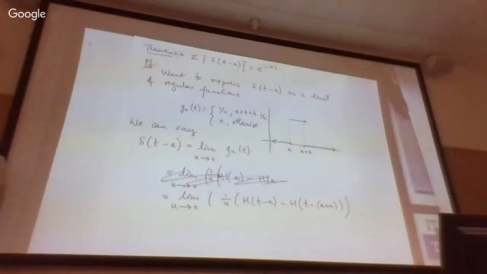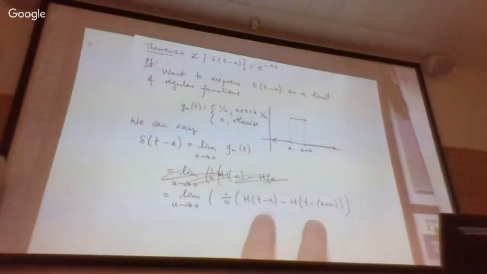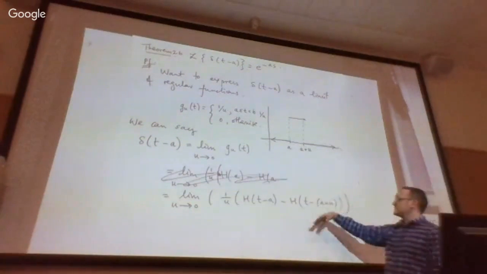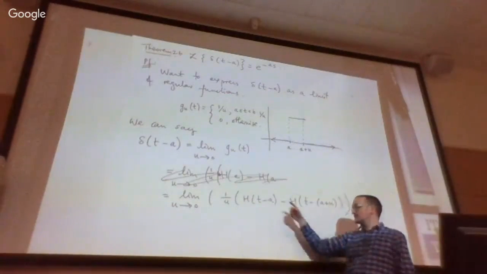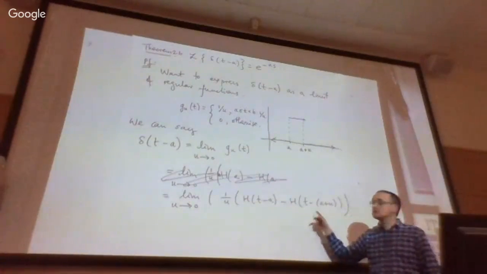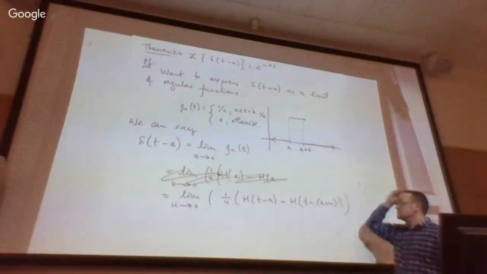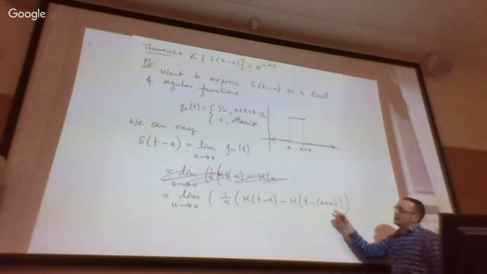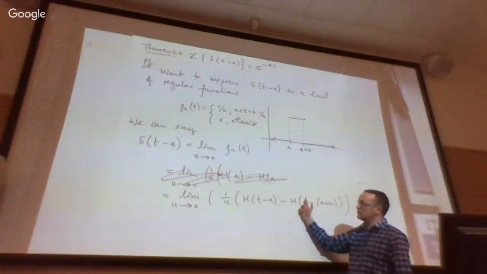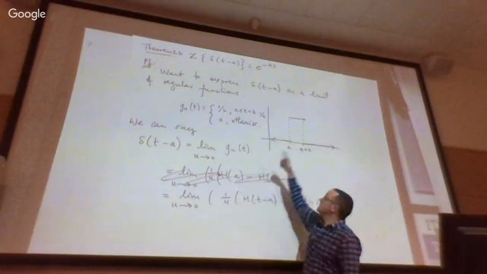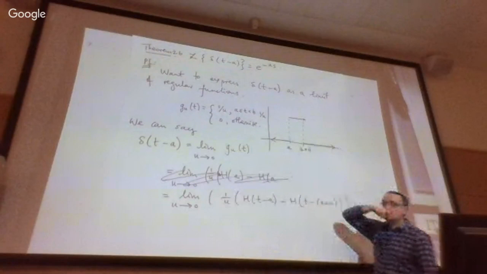Isn't that right? This expression, h of t minus something minus h of t minus something else, is the signal that's switched off everywhere except between these two arguments, between a and a plus u. And in that interval, this combination of Heavisides takes the value 1. So when you multiply it by 1 over u, you get it to take the value 1 over u.